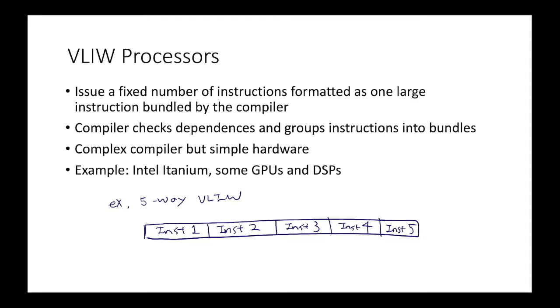Examples include the Intel Itanium processor and some GPUs and digital signal processors. Depending on the number of instructions bundled into the instruction bundle, we say n-way VLIW processors. For example, 5-way VLIW processors can bundle up to 5 instructions into a long instruction bundle.